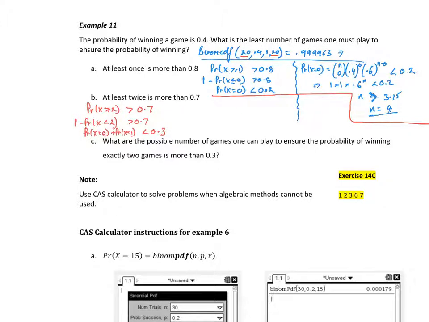Now I get that by taking the probability across and putting the 0.7 back, and realising that the probability that x is less than 2 is equal to 0 or 1.